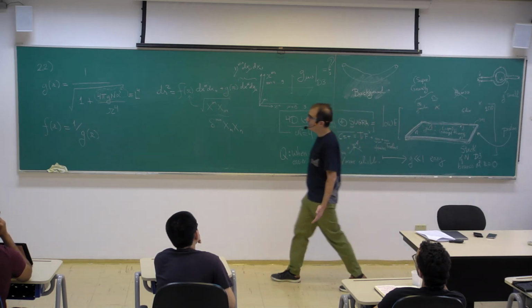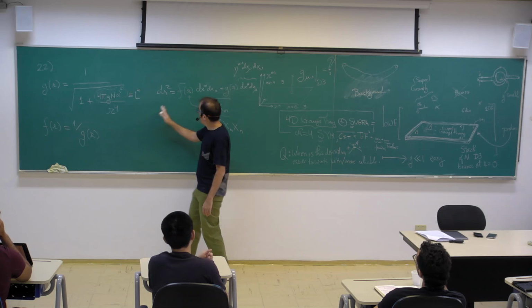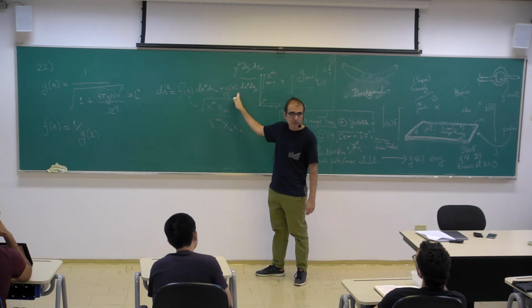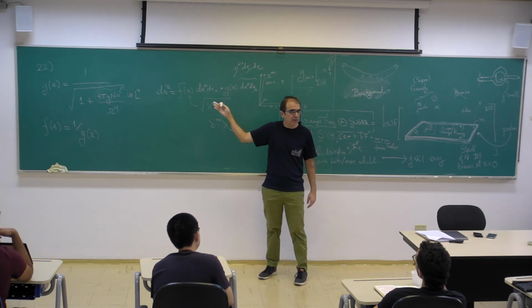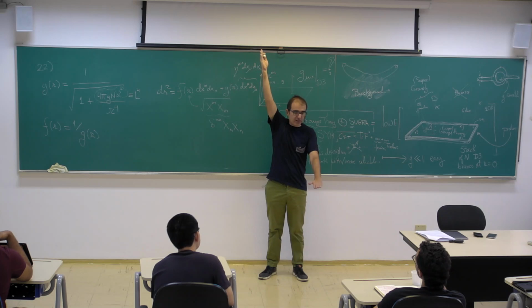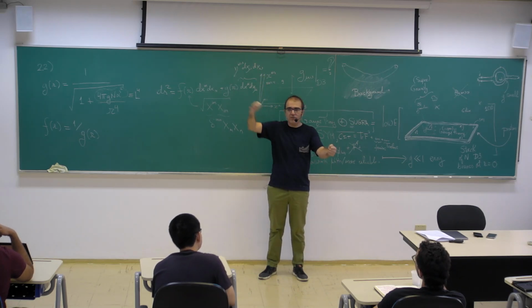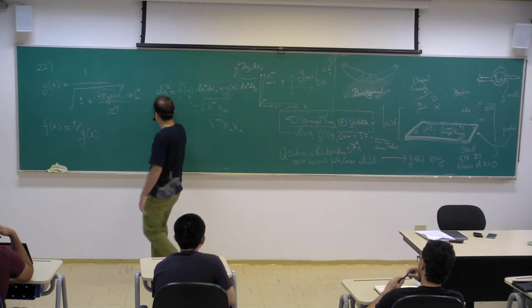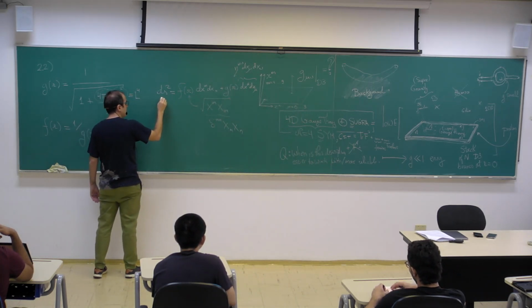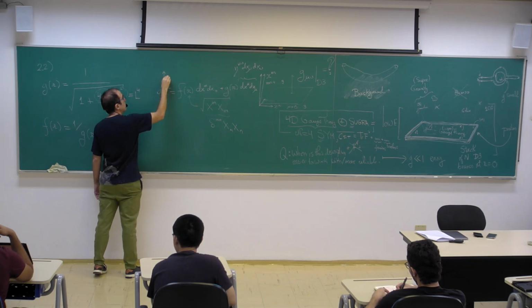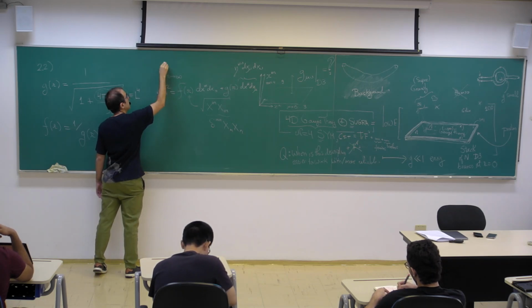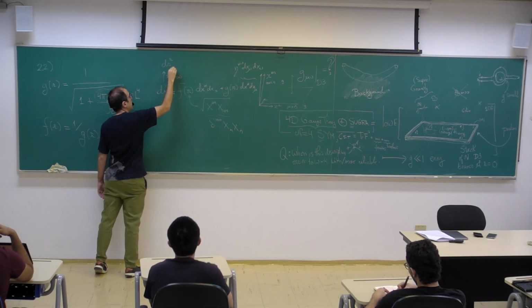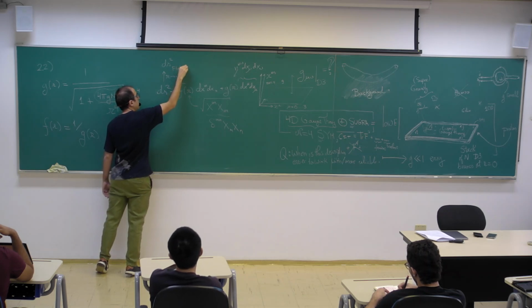They become 1, and I get 10-dimensional flat space. Does it make sense? I go very far from the stack of branes, I don't see the stack of branes, I see flat space. Like when I have Schwarzschild, I go far away, I see flat space. So the first thing we see is that this metric goes, when R goes to infinity, to ds squared of flat 10-dimensional space.